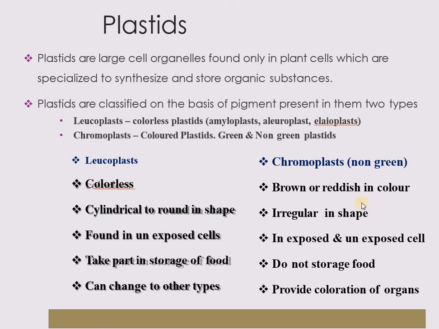Whereas chromoplasts are non-green plastids, that is they can be brown or reddish in color, irregular in shape, and they are present both in the exposed or the unexposed parts of the plant body, and they do not store food and they provide coloration to the plant organs.